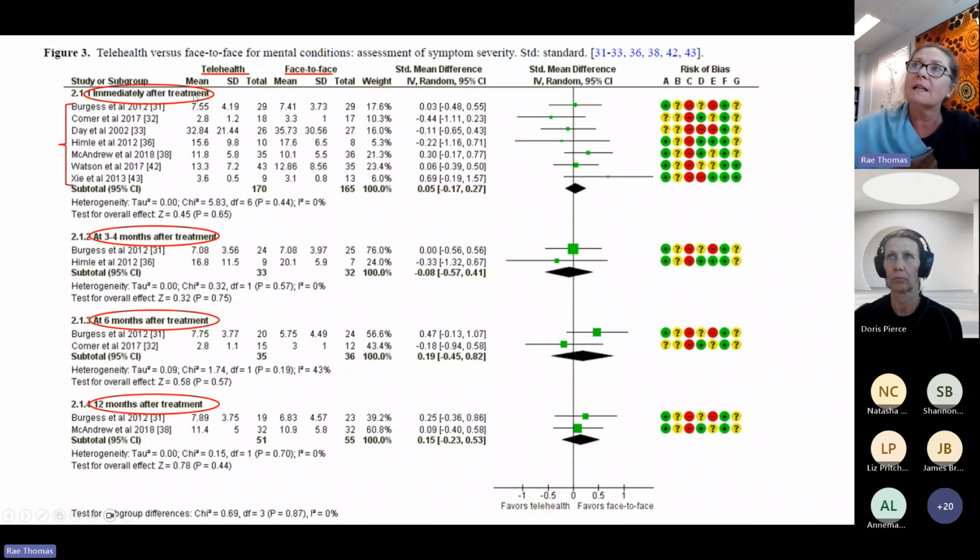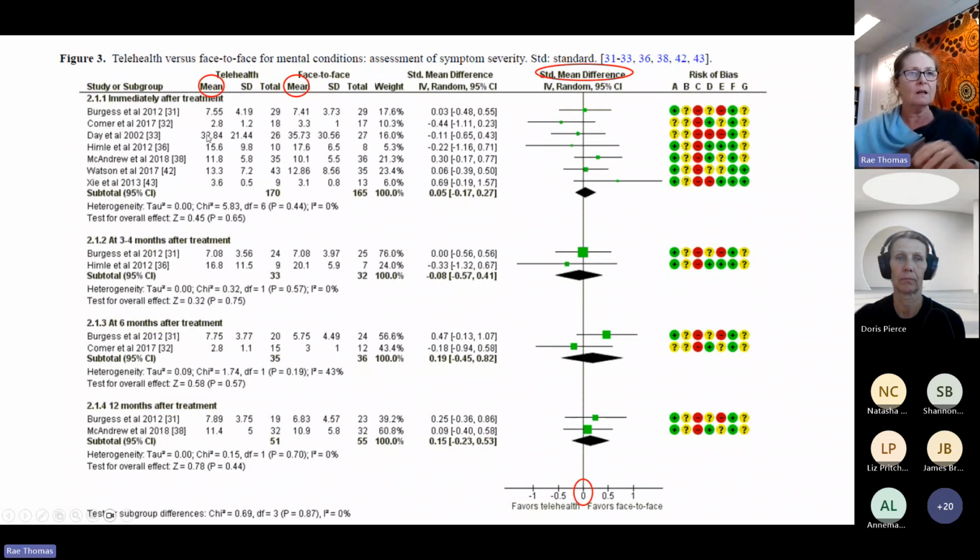Here, these columns tell you this is about the telehealth intervention, and this one is about the face-to-face intervention. Okay, so that's the first orientation. Okay, what are we looking at?